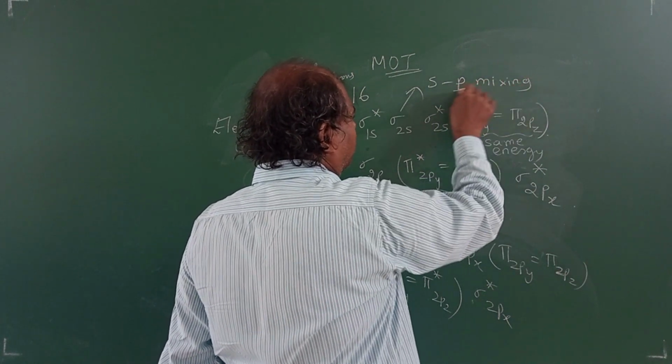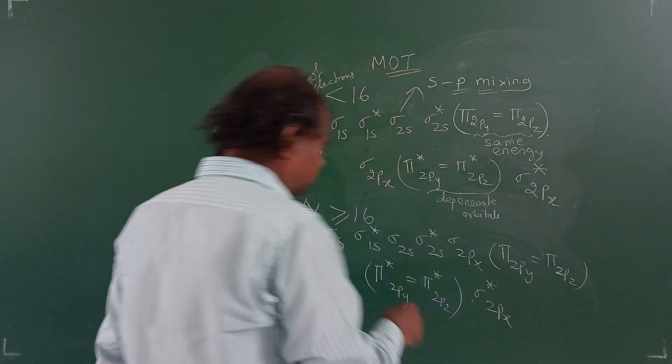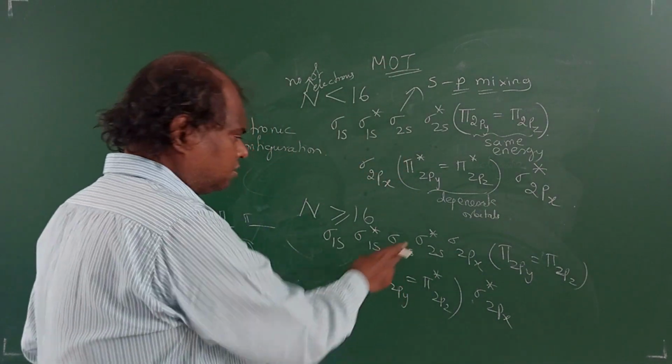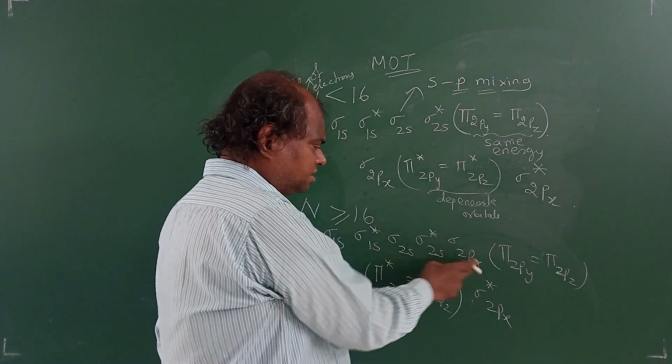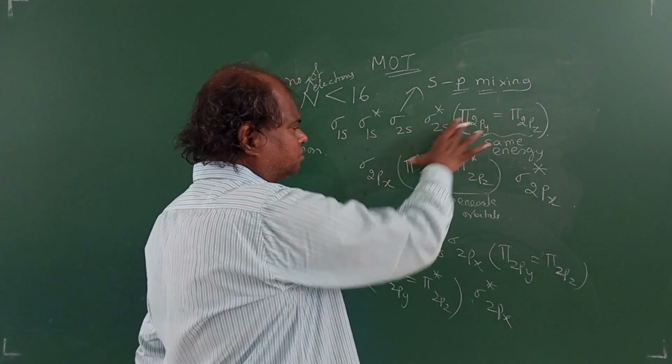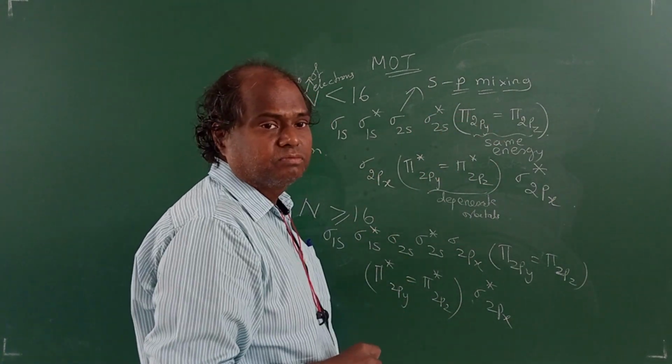This part is very, very important. Actually this should have been the order, sigma first. But thanks to this sp mixing, this s and this p get mixed up, so you'll see a small change in the order.